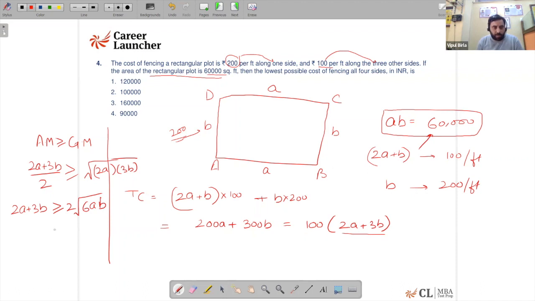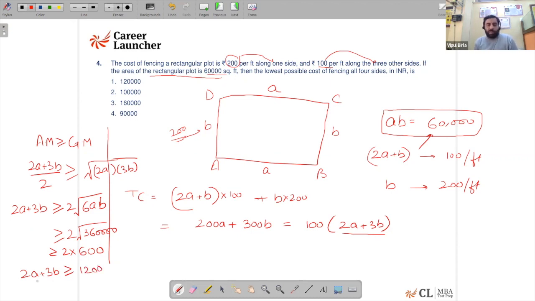So if you plug in that value, it is greater than or equal to twice the root of 60,000 into 6, that is 360,000. If you take the square root of that, it is 600. Therefore, 2A plus 3B is always greater than or equal to 1200.